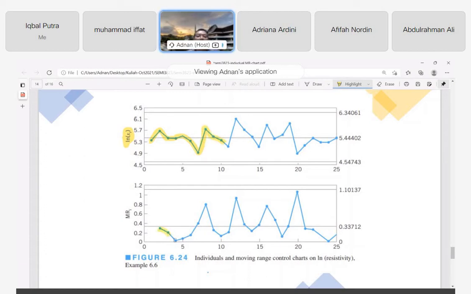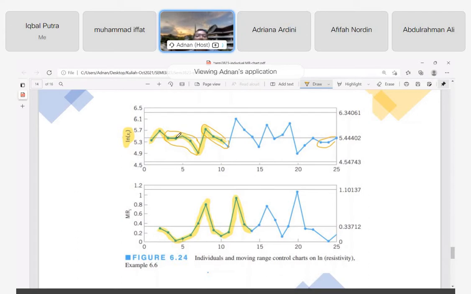So, this is the MR. We also have to be careful with MR because we are taking the individual values next to each other. If you see here, there is a value here. If we check through the runs rule, we can see this value is supposed to be up and down, not like this one.